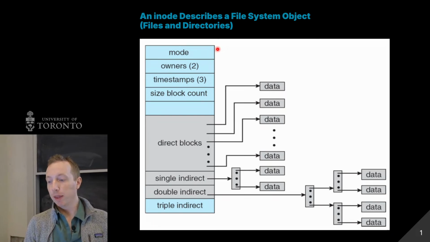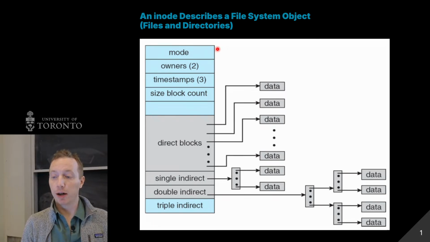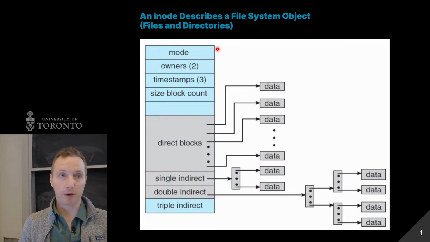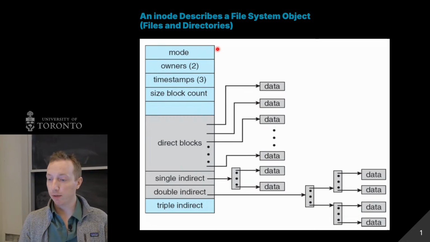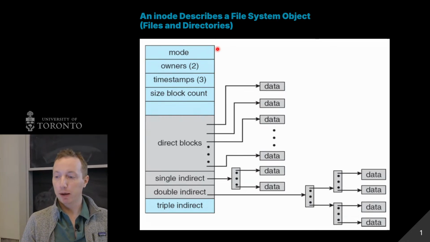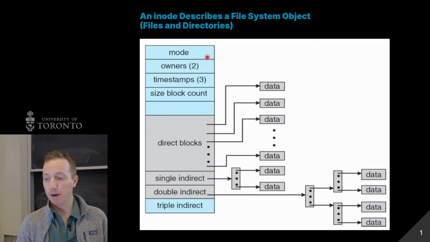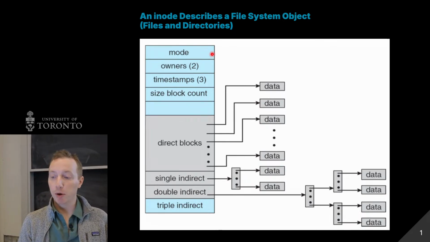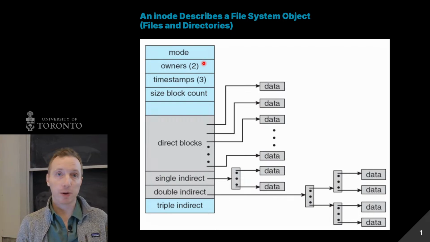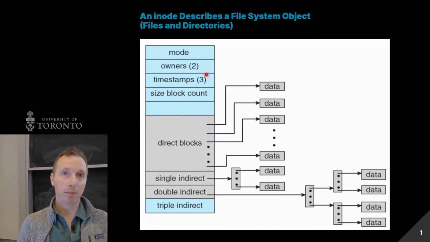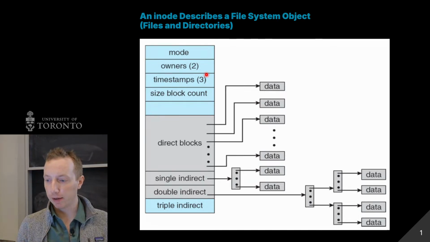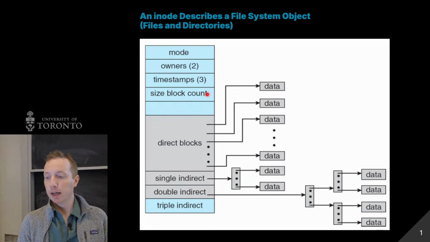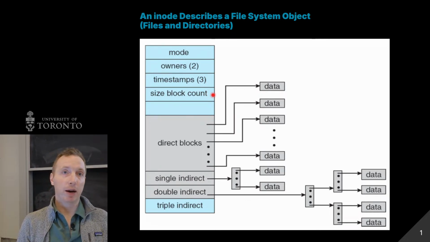Some things in an inode: one, it describes where the contents of a file are, and then all the metadata associated with that file. So it has a mode, an owner, like the user and the group that owns that file, some timestamps like when it was created, when it was last modified, when it was last accessed, things like that. The block size count, so how many blocks does this file consume?